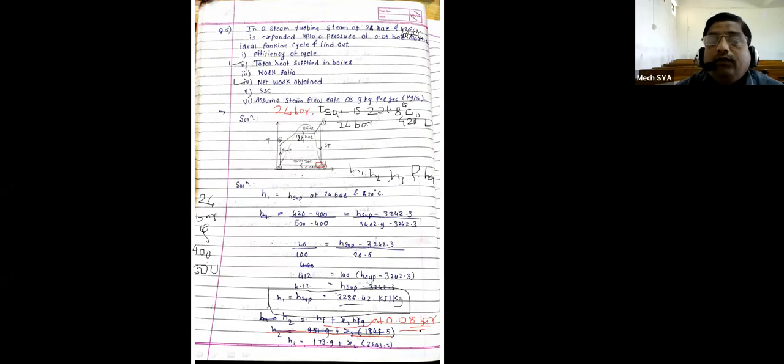Which table number do we have to refer for 0.08 bar? HF and HFG we have to record at table number 2. Is it directly available at 0.08 bar, or do we have to take an average?